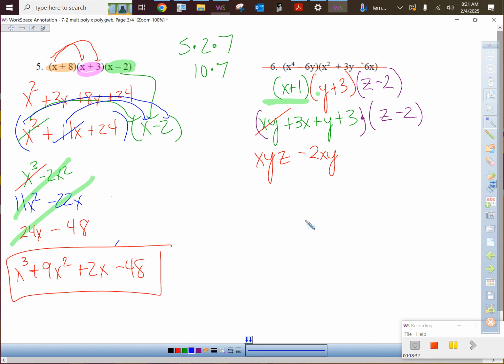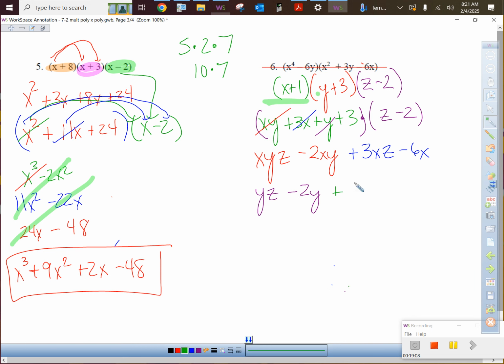You're welcome to stack all 8 of them on top of each other in 2's, but I'm going to do 4 at a time. 3x times z is 3xz. 3x times a negative 2 is a negative 6x. Cross him out. Then I'm going to stack down below that. y times z is yz, and y times negative 2 is negative 2y.